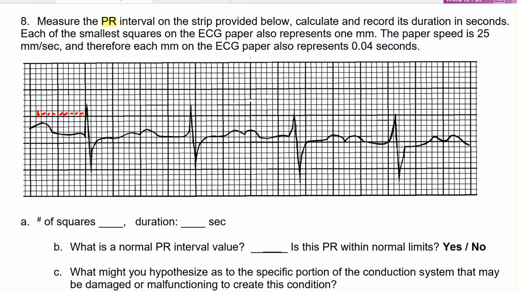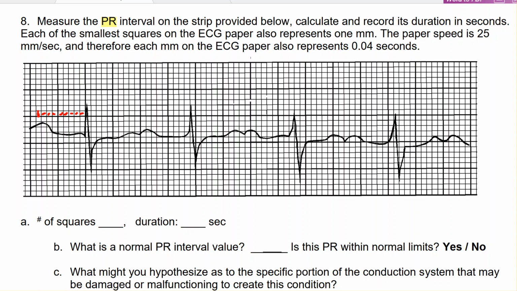And so you're asked to calculate some of those PR intervals or intervals on a number of different graphs. You're basically practicing diagnosing problems or potential problems from the EKG that you're given. Here in question number 8, you're given an EKG and you have to decide, does it look normal?